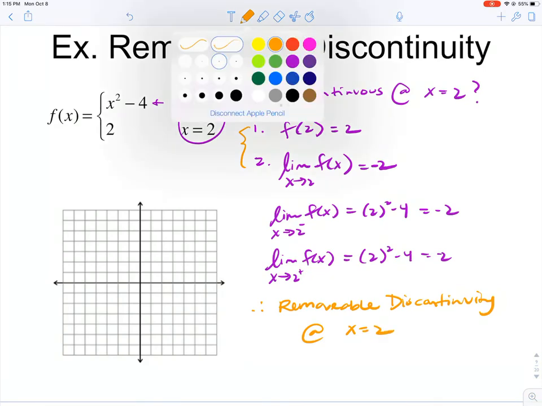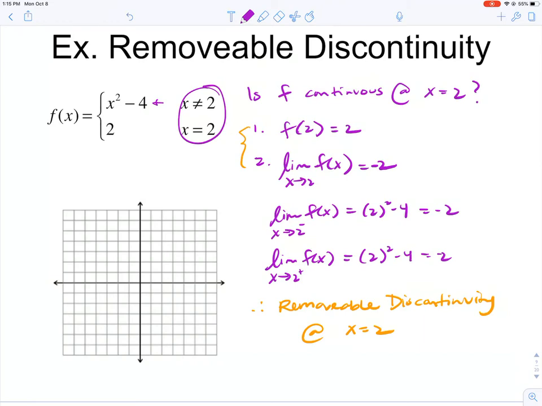So let's think about this graph. Everywhere except for x equals 2, the graph will look like x squared minus 4. So that's x squared shifted down 4. I know that should be closed.